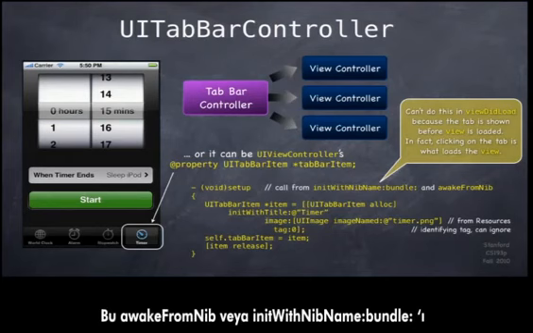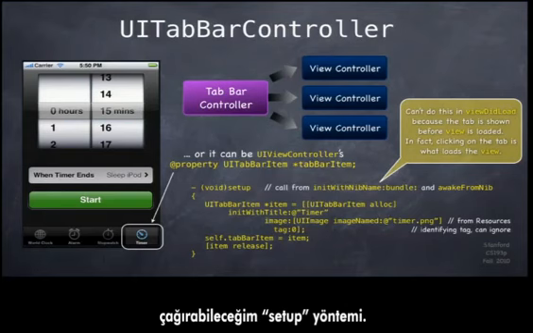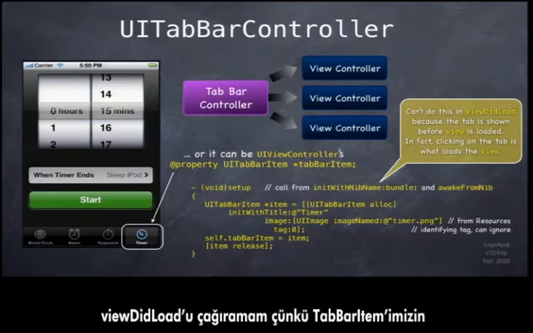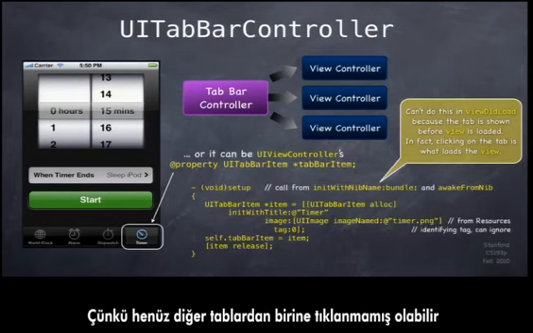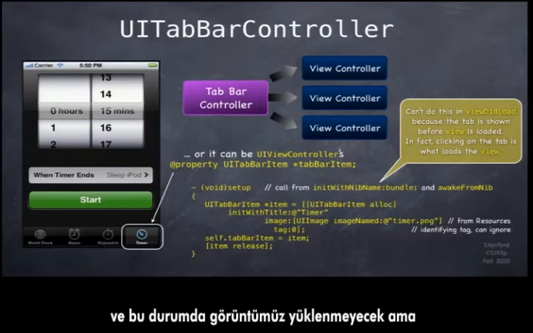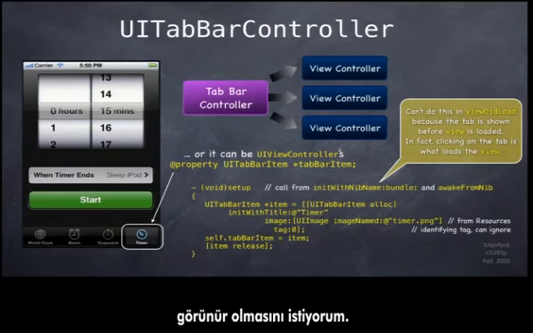It's this method setup that I might call from my awakeFromNib or from my initWithNibName:bundle:. That's because I can't call it in viewDidLoad because I want my tab bar item to appear before my view is loaded, because it might be one of the other tabs that they haven't clicked on yet. So my view is not loaded, but I still want its icon and its title to appear.